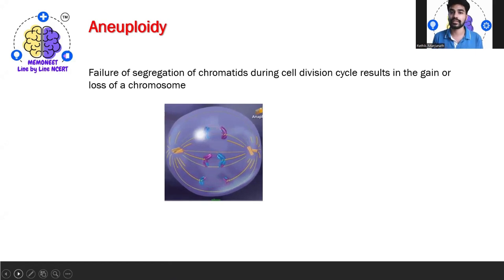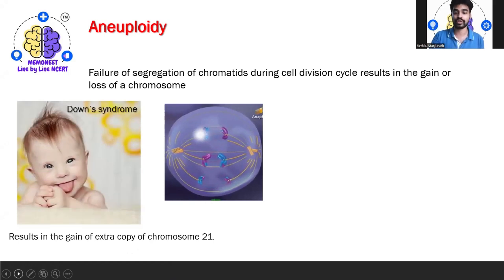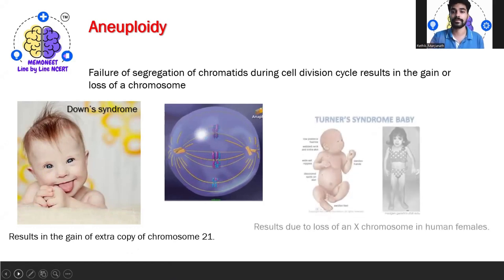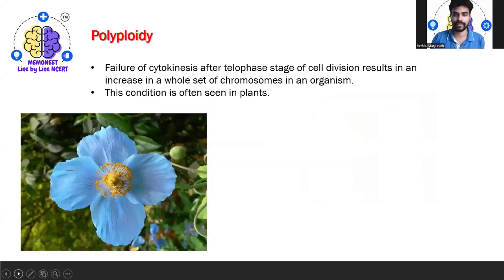If there are any abnormalities during cell division, this results in a gain or loss of chromosome, such as Down syndrome, which is the gain of an extra chromosome 21, or Turner syndrome, which is the loss of an X chromosome in the human female. We'll discuss this in depth.